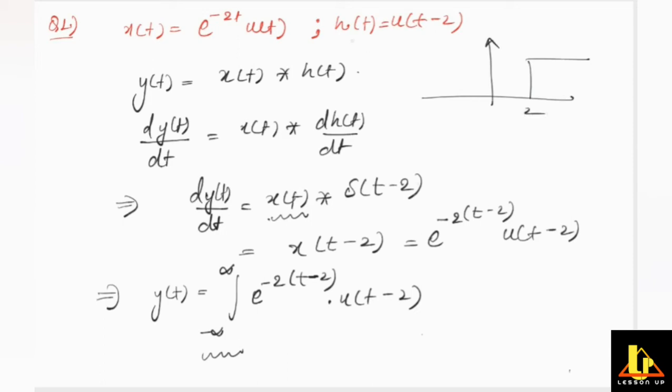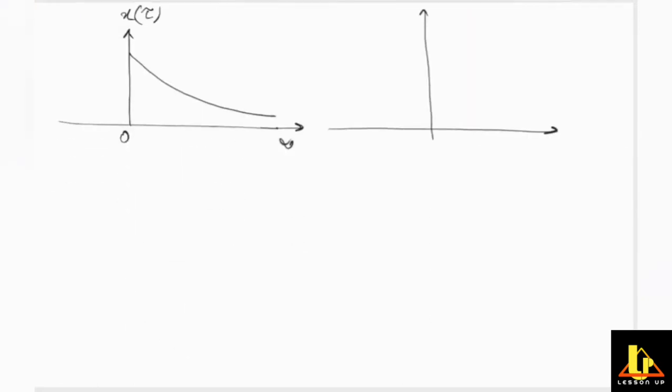Then what will be the h of minus tau? The signal will get reversed. Okay, and then shifted by t minus 2. So we will get h of t minus tau like this. Okay.